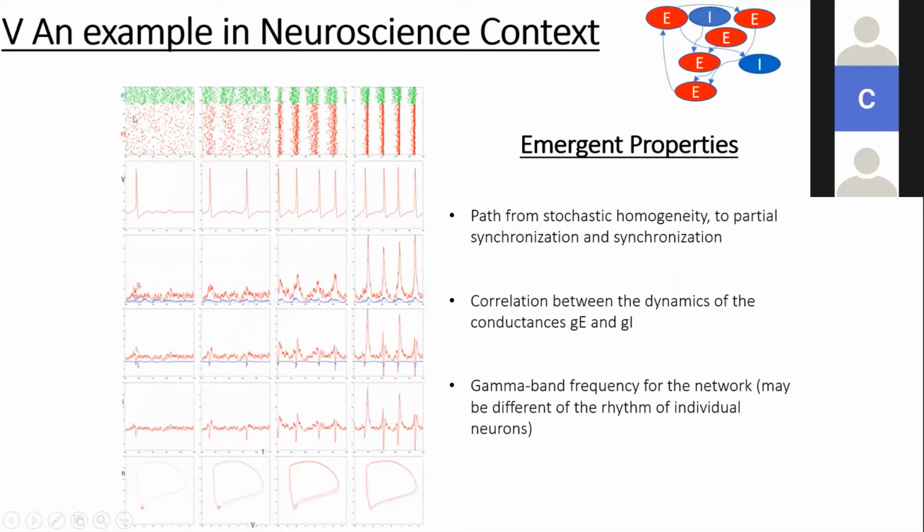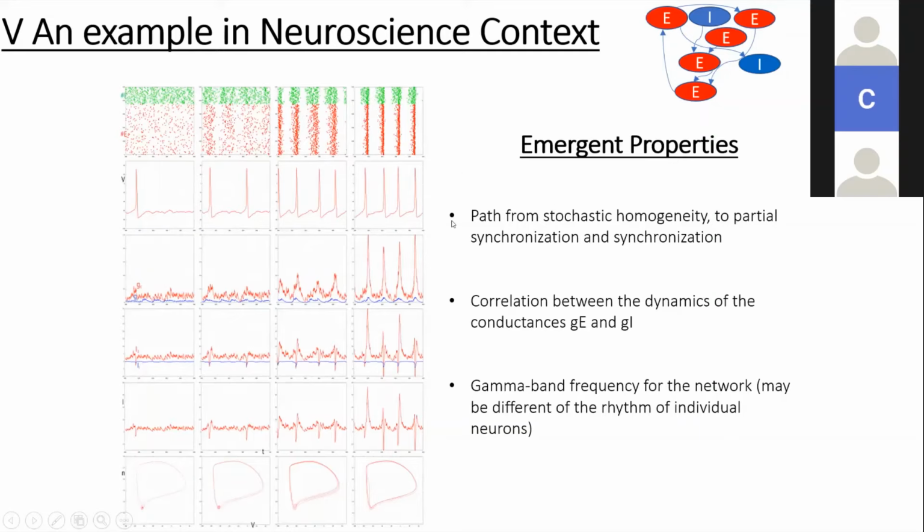this is the spikes generated by the neurons. When you increase SEE, you observe some kind of synchronization, which is not exactly the same as the synchronization that we talked about at the beginning of the presentation. But you observe that they all spike at the same time.